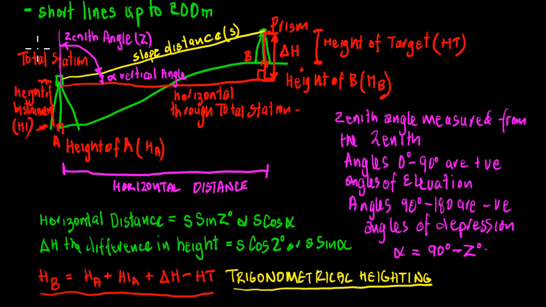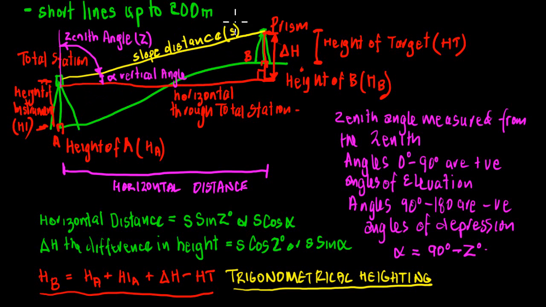Now we can see here that here is a horizontal line at the level of the instrument, and here's our slope distance here, and then we draw a vertical line down which creates a right angle triangle. So we are able to work out the difference in height from the instrument to the prism.